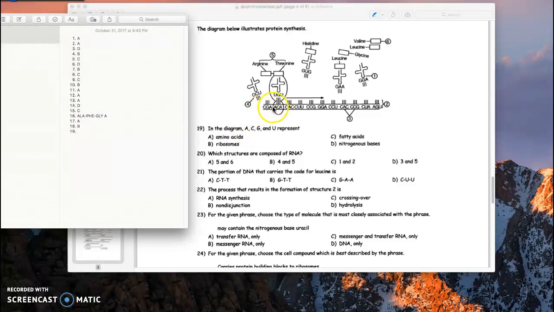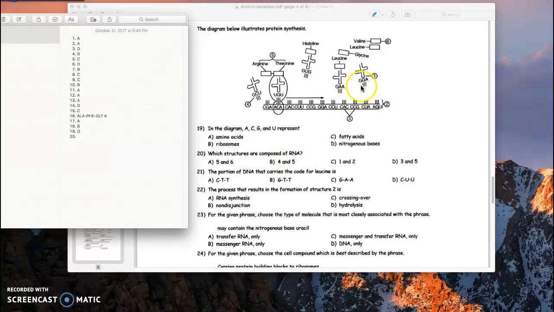So here we have A, C, G, and U. A, C, G, and U are our nitrogenous bases: adenine, cytosine, guanine, and uracil. The structures that are composed of RNA here are going to be all of these floating bits. So this is tRNA, this is mRNA.